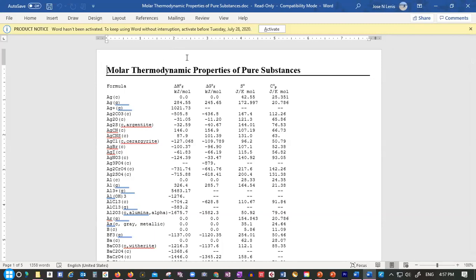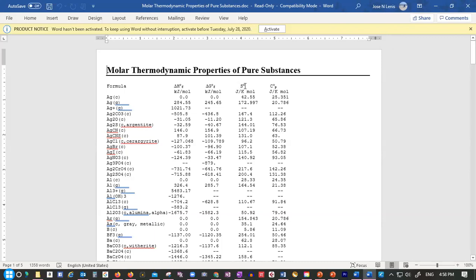Also look for the units. Units for delta H of formations are in general kilojoules per mole. These are standard free energies of formation. And we are going to talk about this later.